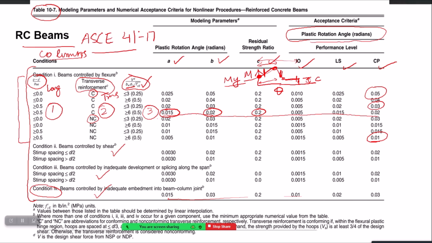You can pick the values if more than one row is applicable for your particular beam. Most of the cases this will be the case because you have three input parameters, and many times two rows are applicable and your values are in between two rows, so you can interpolate in between them.